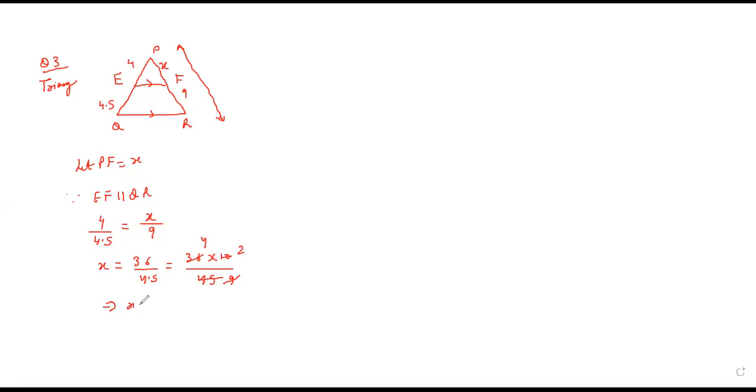Which implies x is equal to 8. Now see, if x is 8, I want to get PR. So PR is equal to what, son? PR is equal to PF plus FR, which is equal to 8 plus 9, which is equal to 17. So option A is correct. Okay, sir. Anything else? So I was getting only A.